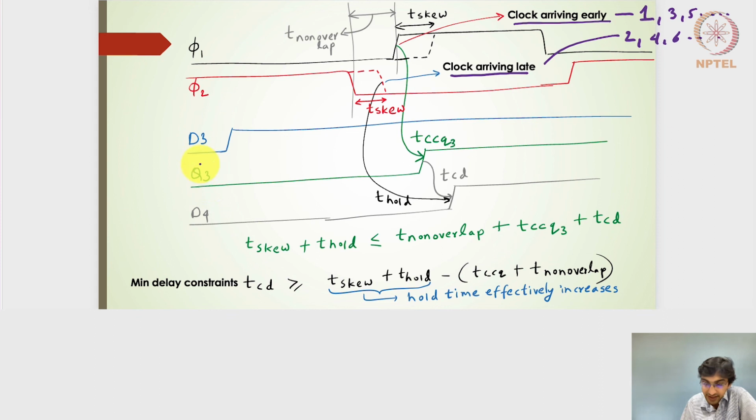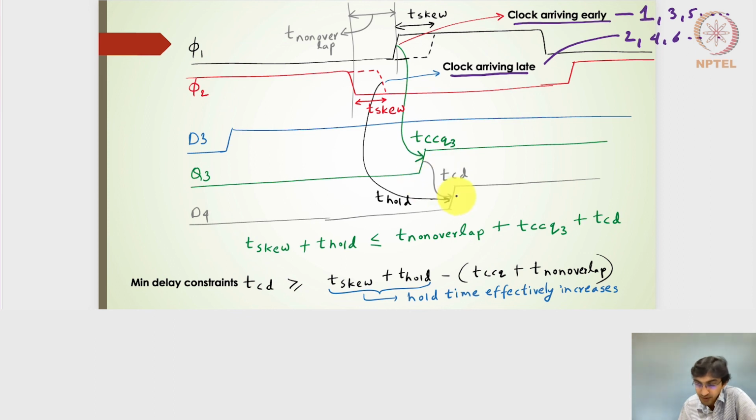And then the contaminated output goes to combinatorial circuit number 3. The output of that is given to latch number 4, so the D4 signal is the output of combinatorial circuit number 3, and it is going to produce the contaminated output after the TCD time.